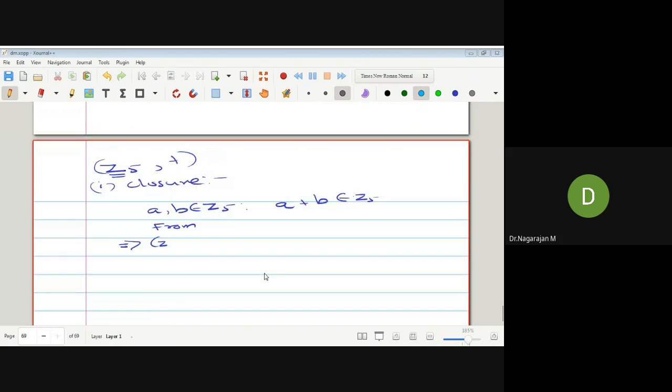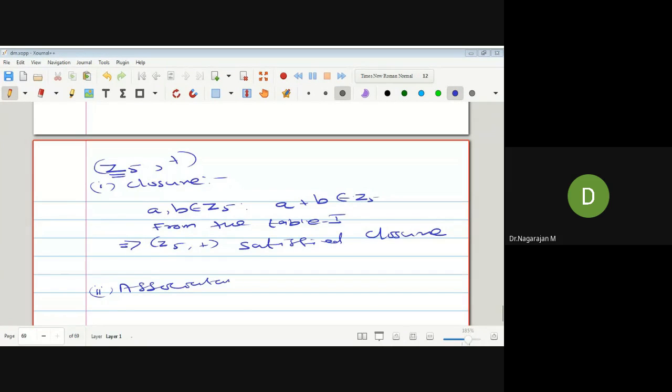From table 1, (Z5, +) satisfies the closure property. So the second property is called the associative law.